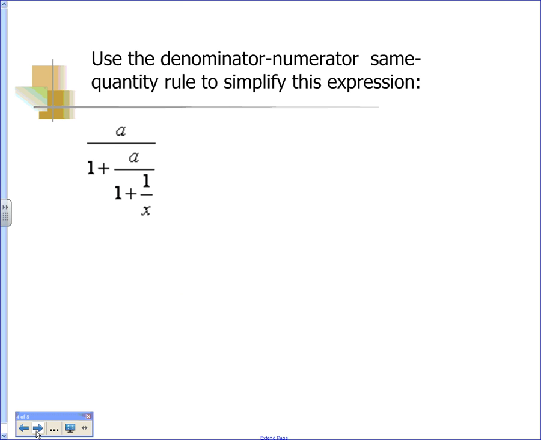What's different about this one? A fraction under a fraction? Yeah, we've got more fractions inside of our fractions. You want to start from the bottom. You think you can do these, though? They're just going to take a little bit of writing.